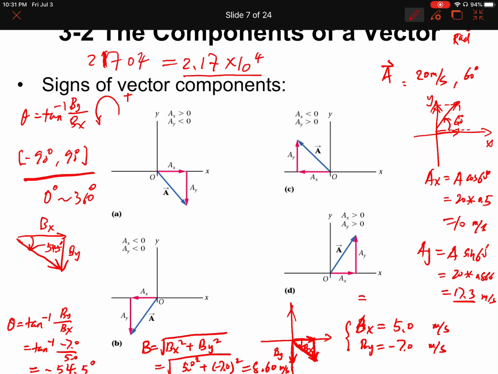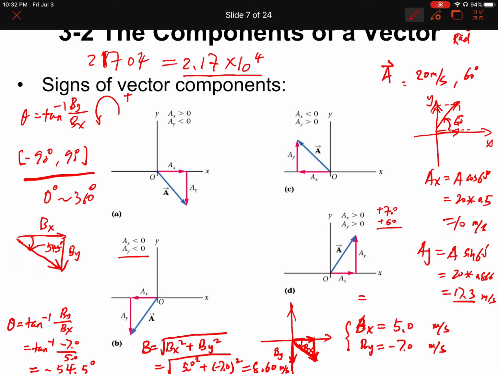However, they can also be in the third quadrant. In the third quadrant, both AY and AX are negative. Assume there is an example, AY is 7.0, AX is 5.0.